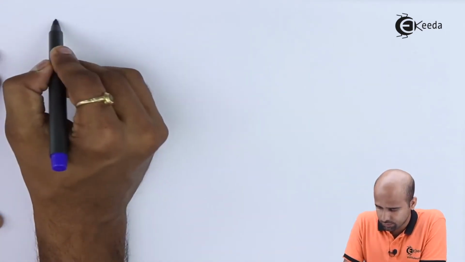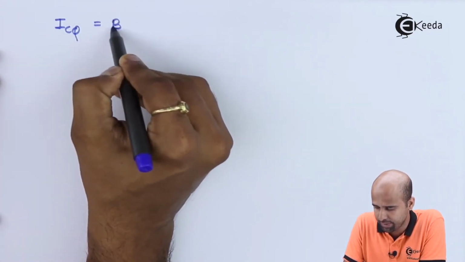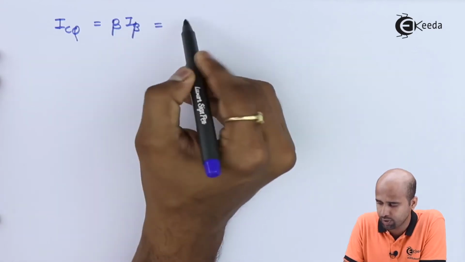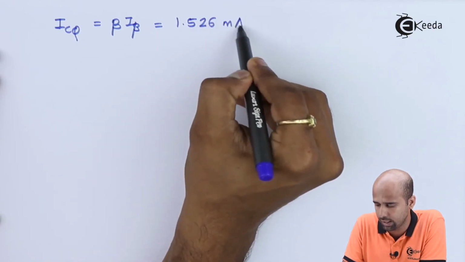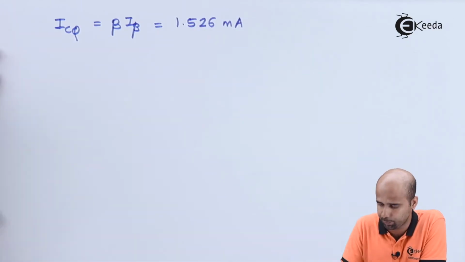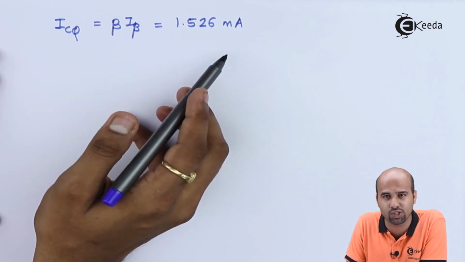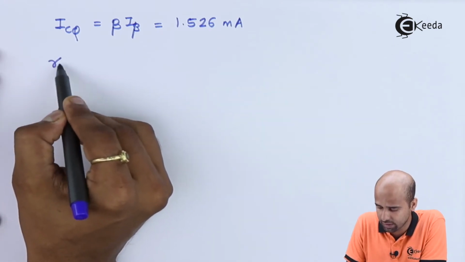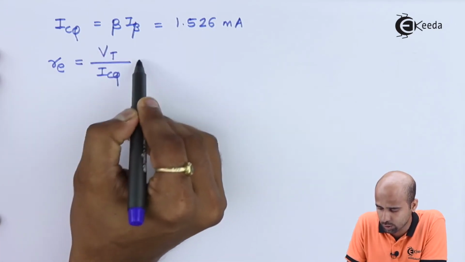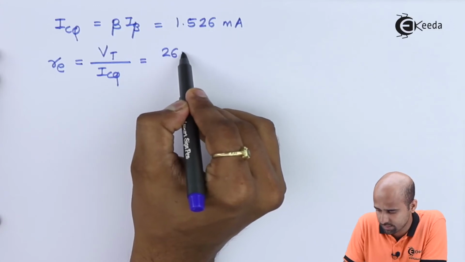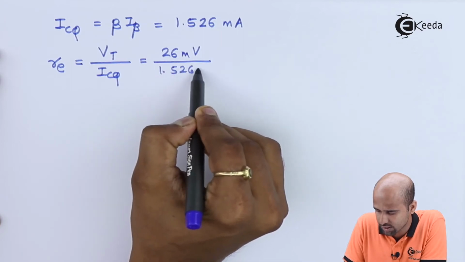We will proceed further for calculation of IC. ICQ is nothing but beta multiplied by IB. We'll be getting the value 1.526 milliampere. This is the value of ICQ. After calculation of ICQ, we will not proceed further to find the Q point, since here they have not asked us to find it. Rather, we'll calculate the value of small re, which is nothing but Vt divided by ICQ, equal to 26 millivolts divided by 1.526 milliampere.